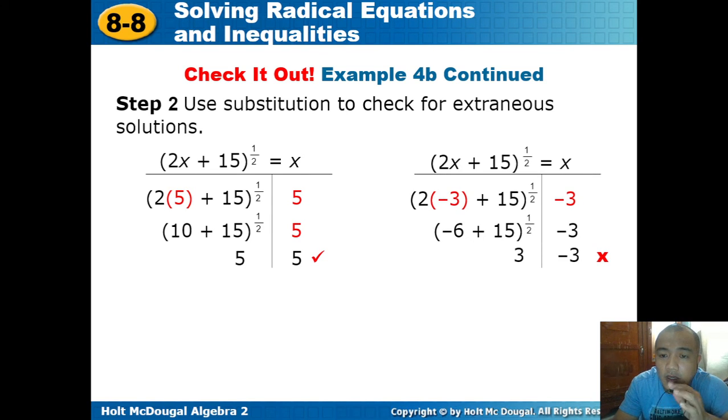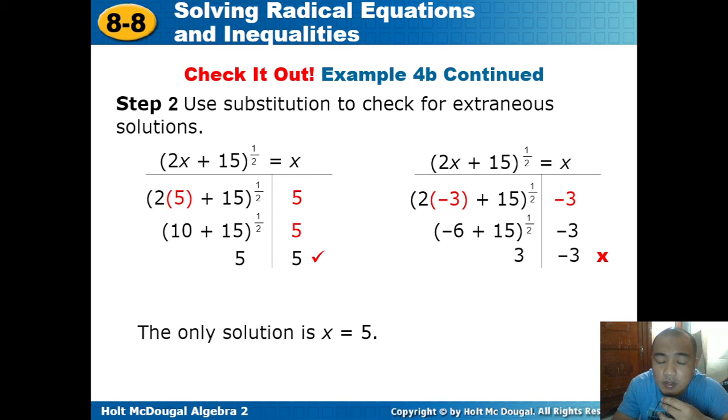For negative 3, negative 6 plus 15 is 9. 9 raised to 1/2 is 3, but it's not equal to negative 3. So only 5 is the solution.